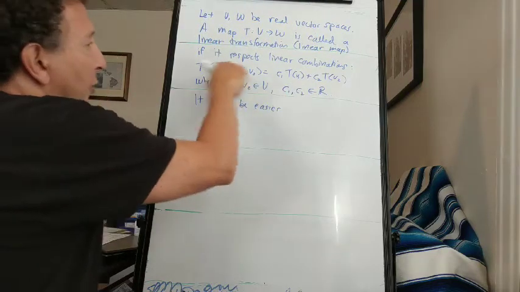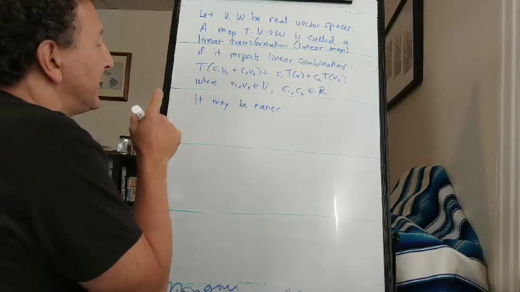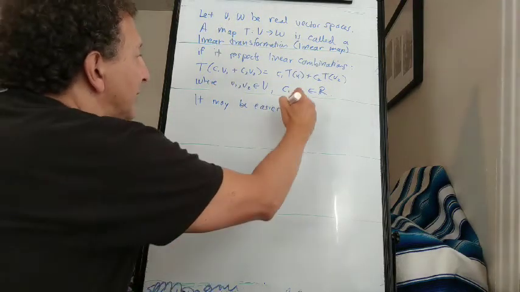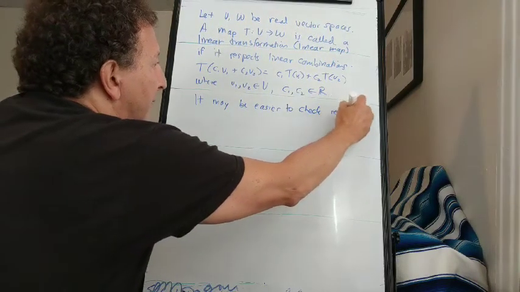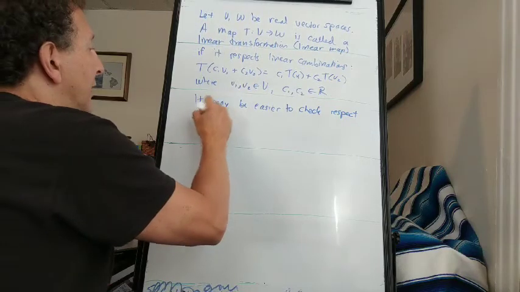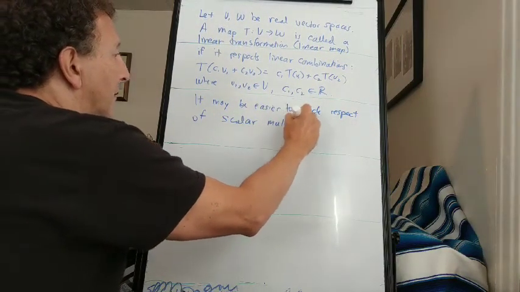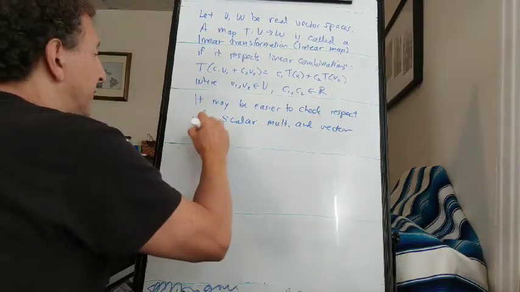Now I wrote this equation that shows respect for scalar multiplication and addition together, but sometimes it might be easier to check respect of scalar multiplication and vector addition separately.